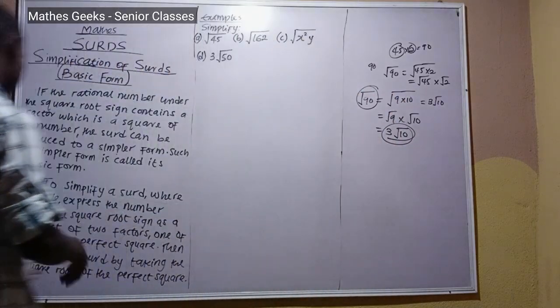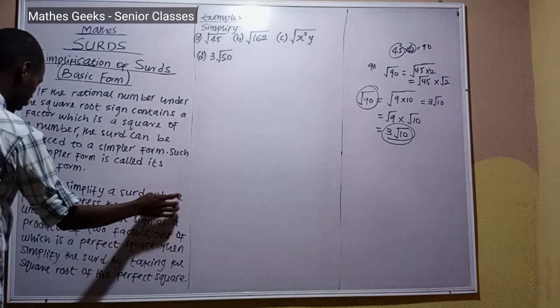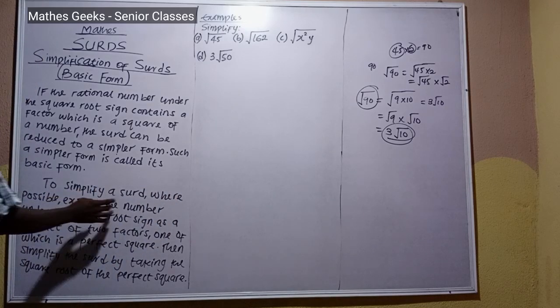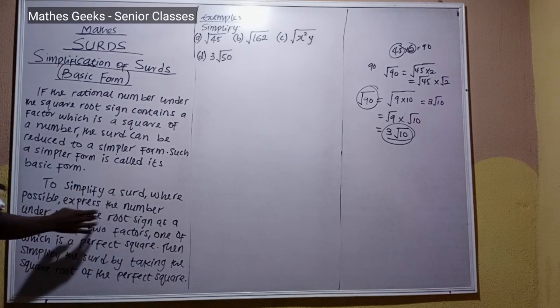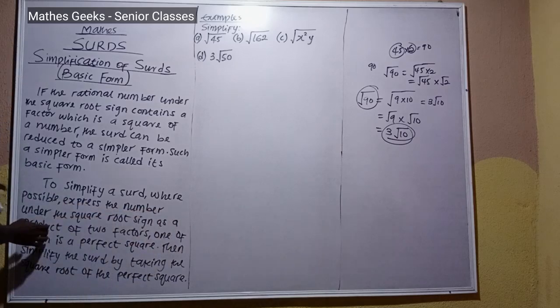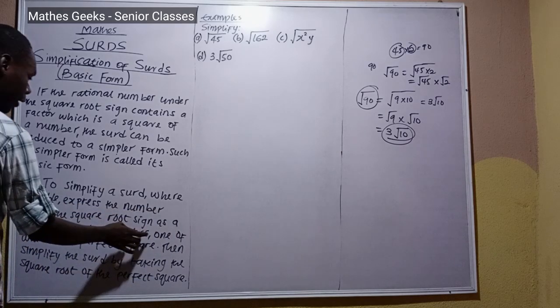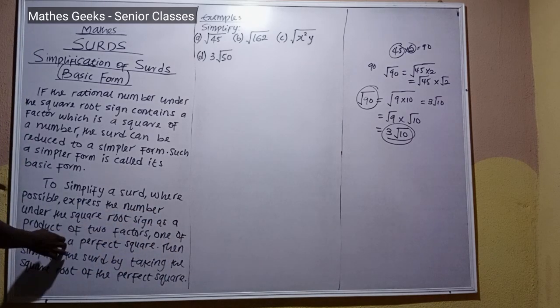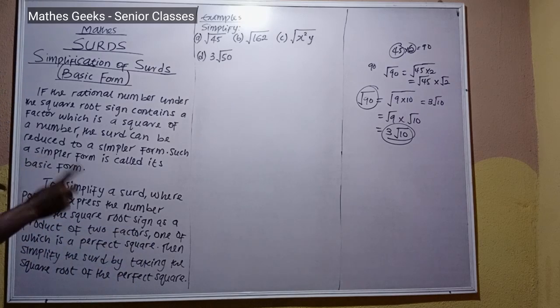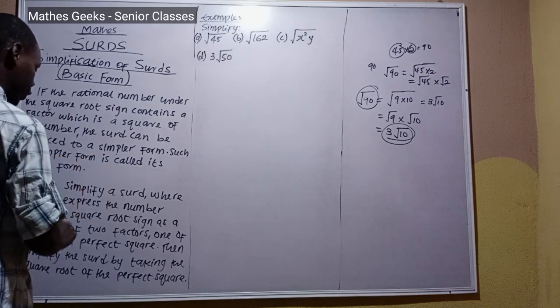So the rule is to simplify a surd where possible, express the number under the square root sign as a product of two factors, one of which is a perfect square. That is a must. One of the factors must be a perfect square if you are to simplify a given surd.